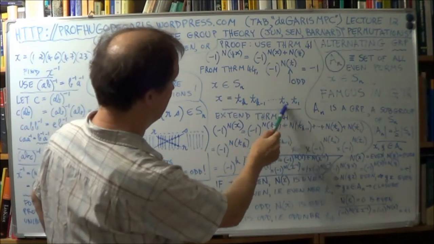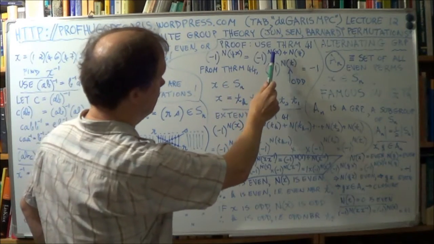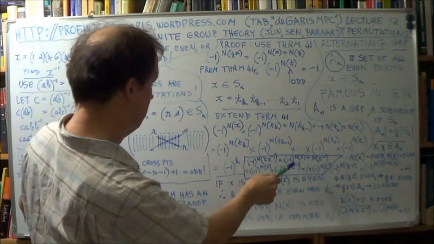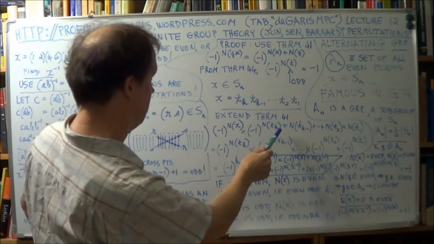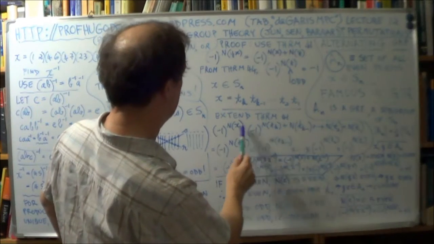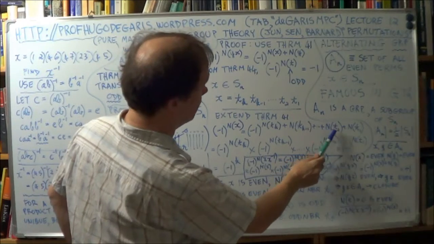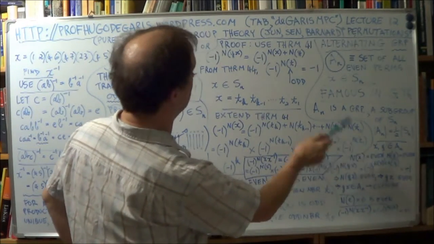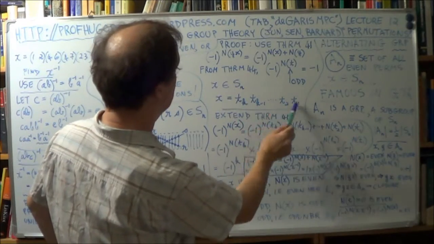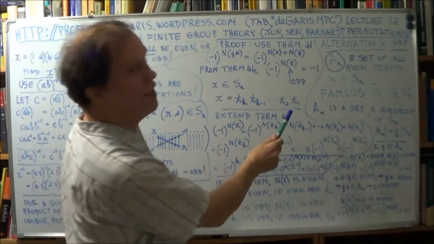So you plug this into here, and you'll get n of tk plus n of tk minus 1 plus dot dot dot plus n of t2 plus n of t1. Right? So you just plug this into here. And instead of having two terms, you've now got k terms.